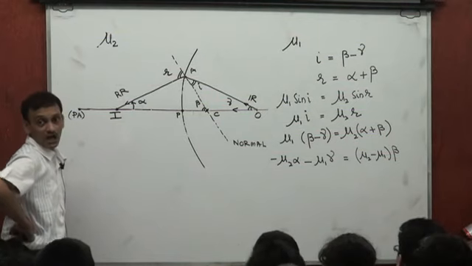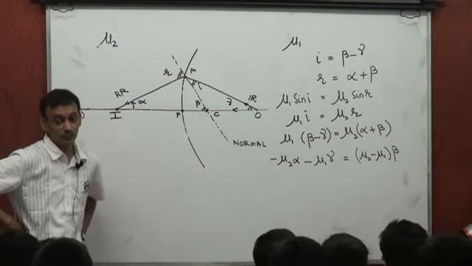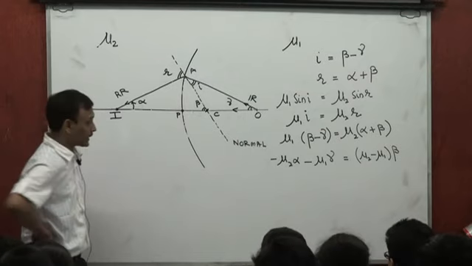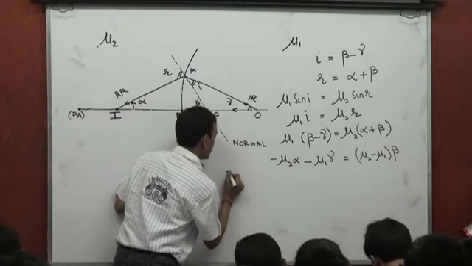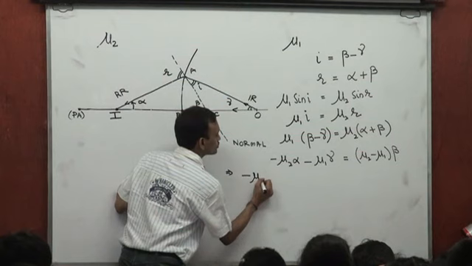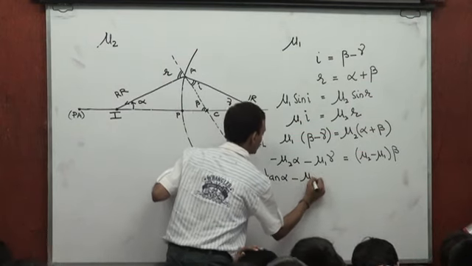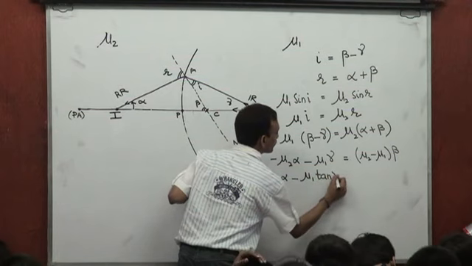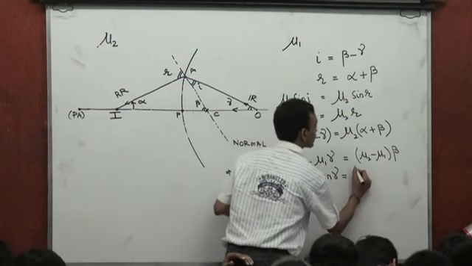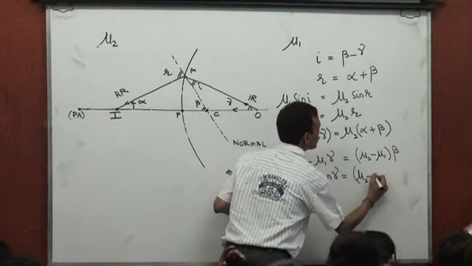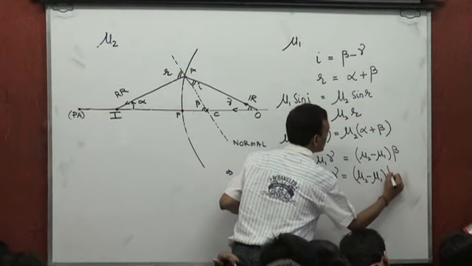Now, alpha, beta, gamma are small angles. They could be replaced by their tangent, right? So then I end up getting minus mu2 tan alpha minus mu1 tan gamma is mu2 minus mu1 tan beta.